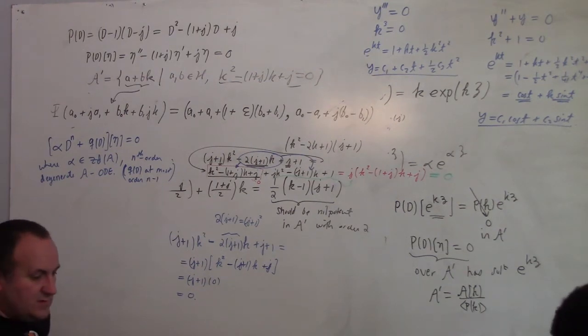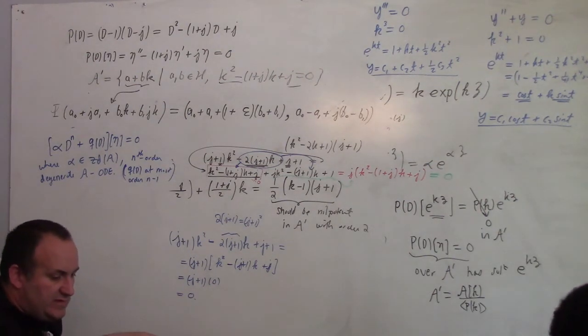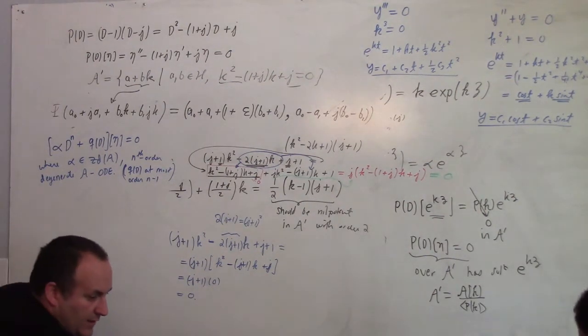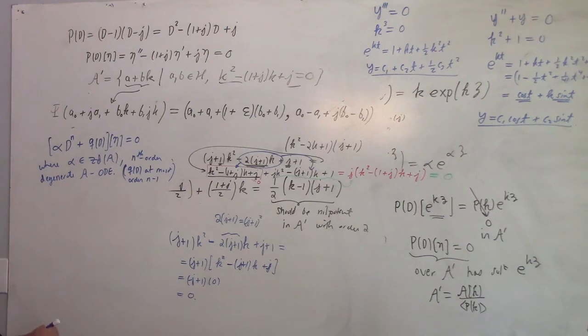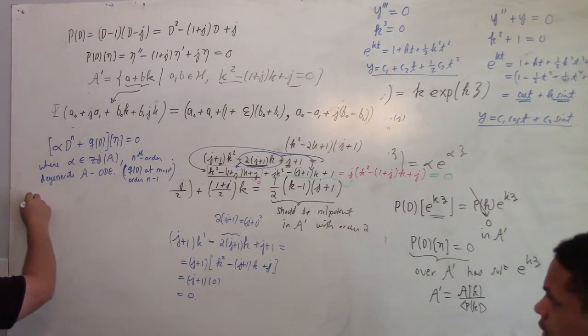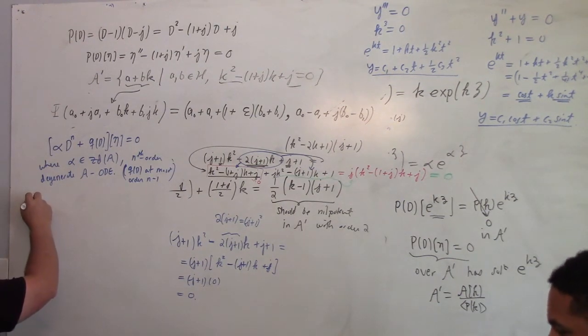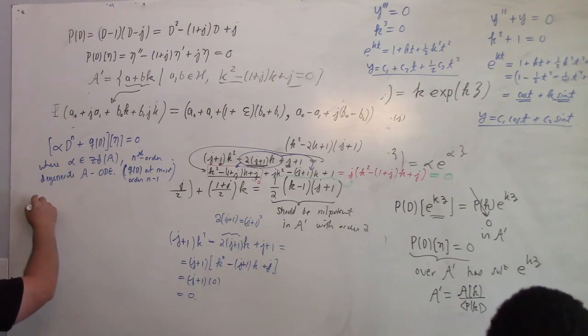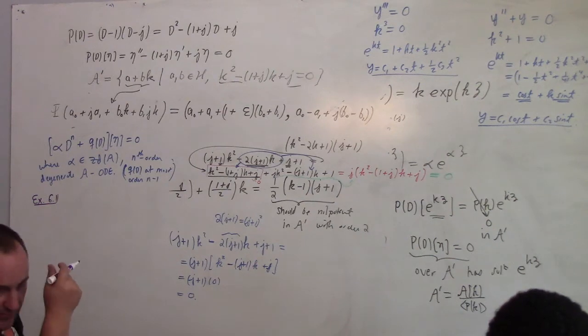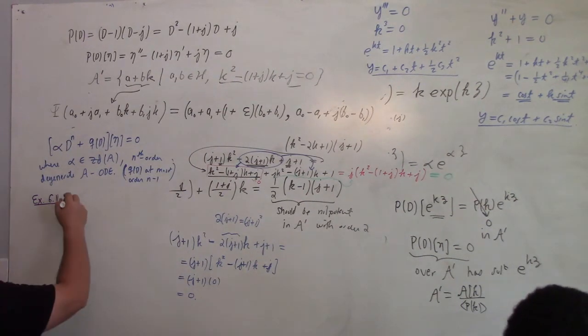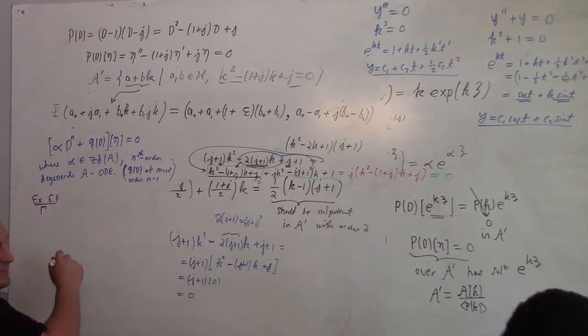It's pretty easy. Example 6.1, just to give you a sense of what goes wrong here. And this is over the null numbers.